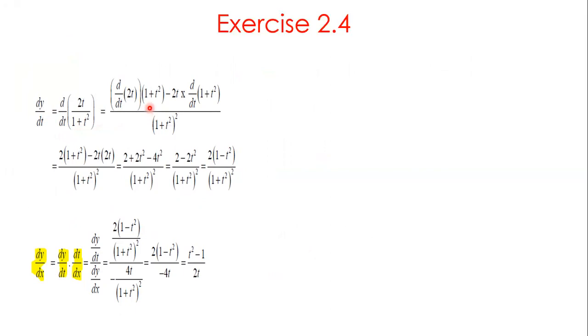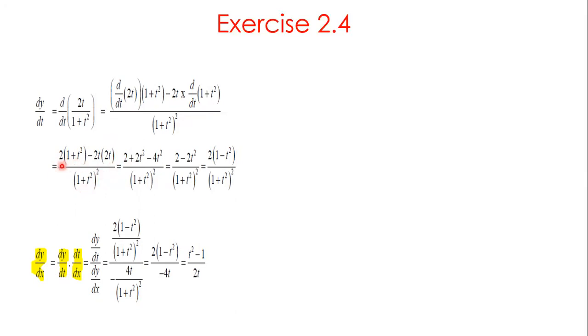Denominator square: denominator as it is times the derivative of the numerator, minus 2t as it is times the derivative of the denominator, d by dt of 1 plus t square. Derivative of 2t is 2, 1 plus t square as it is, minus 2t. Derivative of 1 is 0 and derivative of t square is 2t, over (1 plus t square) whole square.